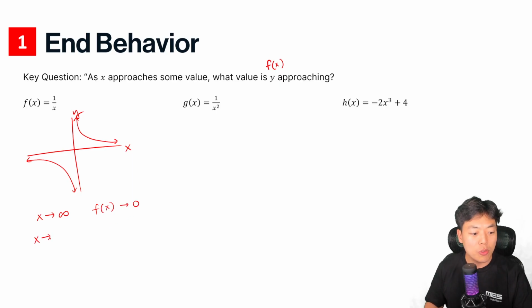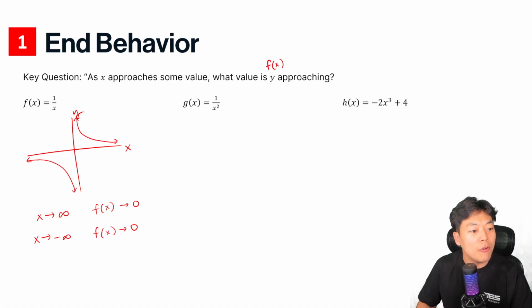How about as x approaches negative infinity? As x goes all the way to the left on the x-axis, f of x again is approaching 0. Everywhere else on this curve, they'll just have actual values. But at x equals 0, we notice something special happens.